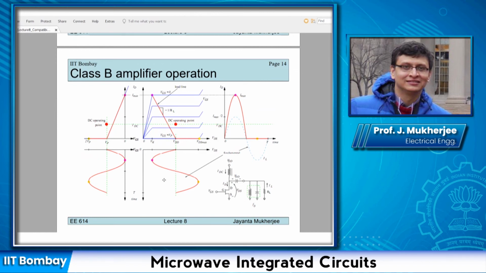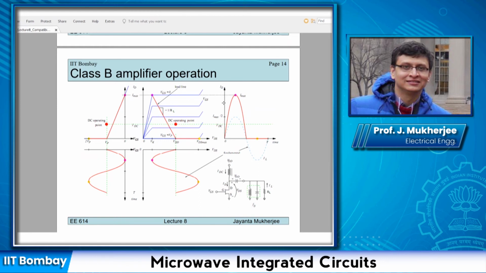Correspondingly, since VDS is present across the transistor for only 50% duty cycle, the drain current flowing through the transistor will also be present only for 50%, as shown by this red line.